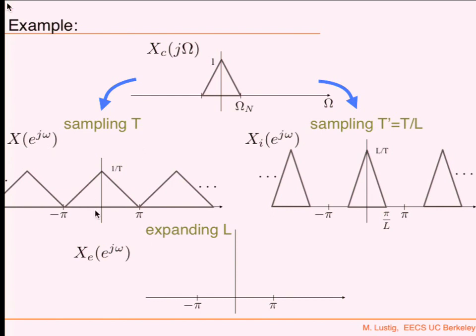So I'm going to expand it and place zeros between the samples. What is that going to do? It's going to compress my spectrum. Note that the height doesn't change. We just got compression from the derivation. That's not true for downsampling; when you downsample, you do have a change in the height.